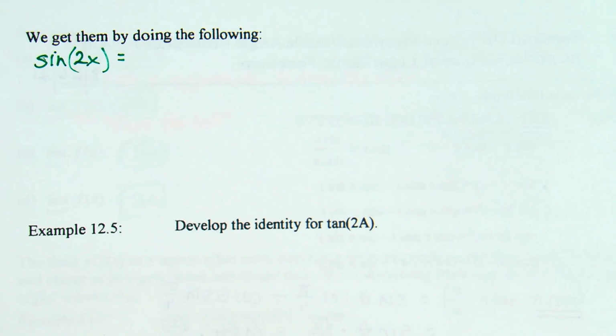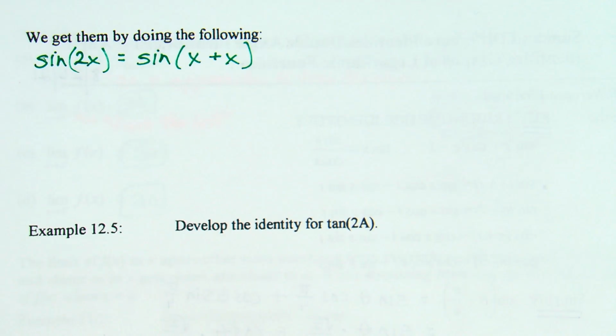If 2x is the same as x plus x, this is sine of x plus x. Then we can use our addition identity, or sum identity, since they're sum and difference identities.